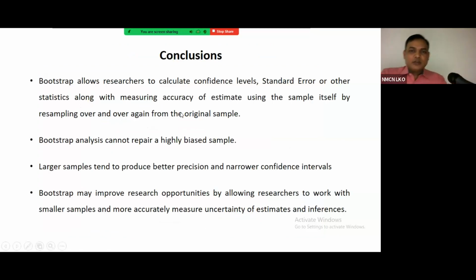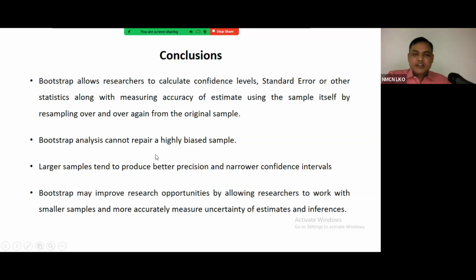Now the overall conclusion of this bootstrap method. Bootstrap allows researchers to calculate confidence intervals, standard error, or other statistics, along with measuring accuracy of estimates using the sample itself by resampling over and over again from the original sample.